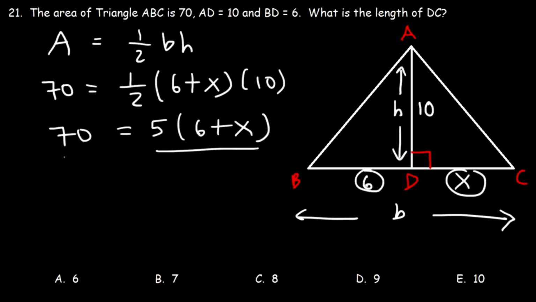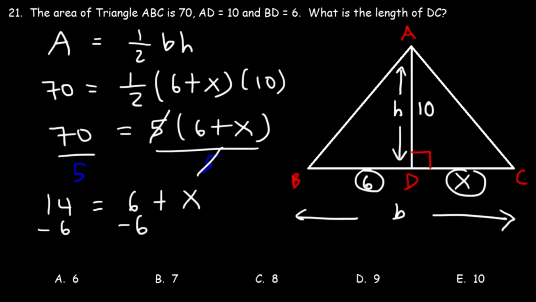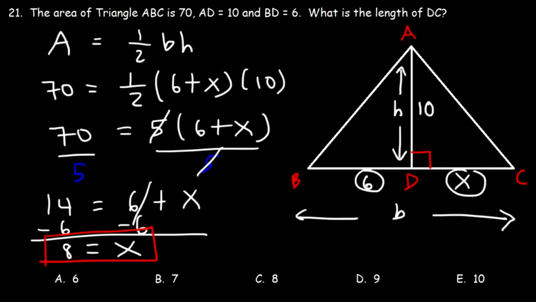Now let's divide both sides by 5. 70 divided by 5 is 14. So 14 equals 6 plus x. And now let's subtract both sides by 6. So 14 minus 6 is 8, and that's equal to the value of x. So segment DC is 8 units long, which means C is the right answer.